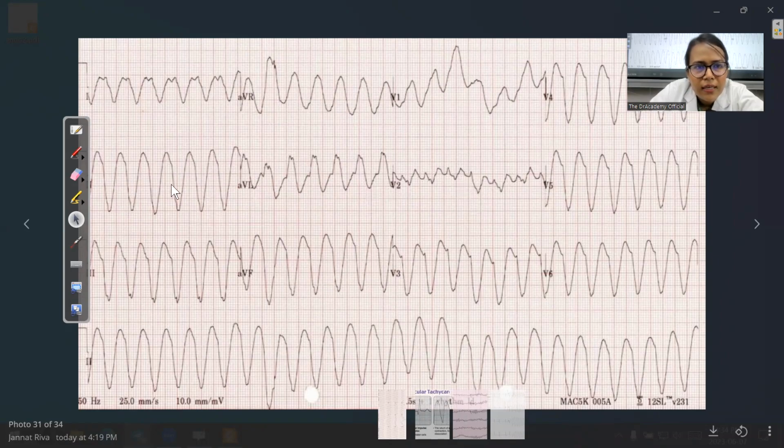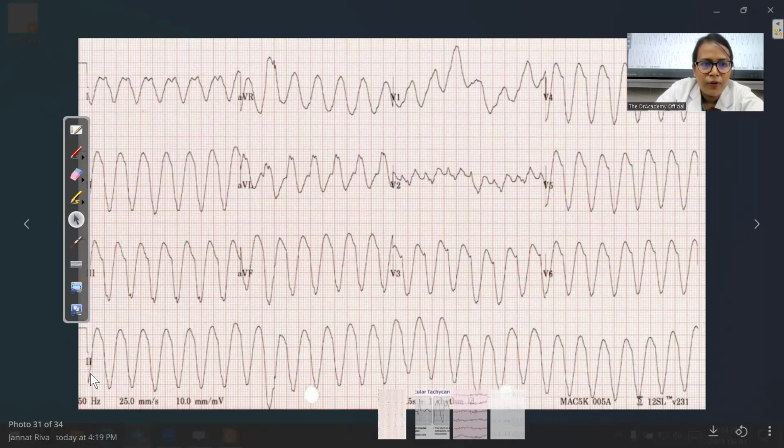As you can see, the TP segment is not really visualized, but the generalized impression is that compared to the S wave, the R wave is actually higher, okay? So the positive slope here actually goes higher compared to the downslope here.